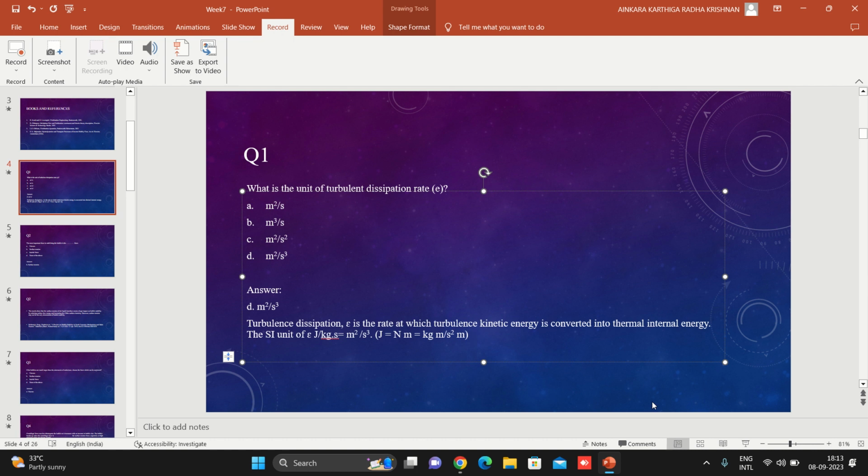Joules per kg second. If we put it in this form, we have kg meter square by second cube.